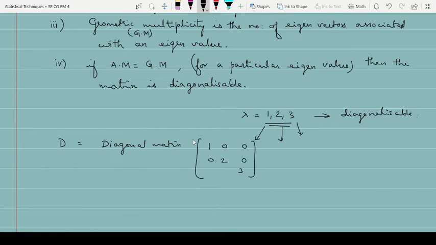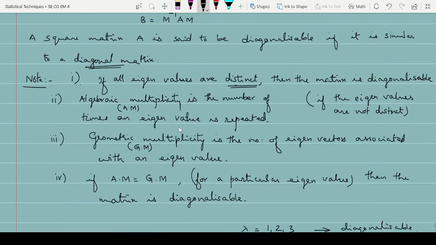Obviously, diagonal matrix means only diagonal elements will be there, remaining all will be 0. So if the values are distinct, then the matrix is diagonalizable, and the transforming matrix M is what we use in M inverse A M.